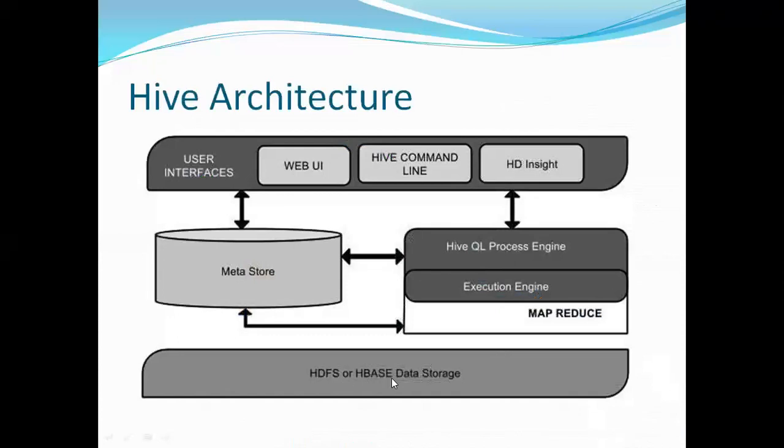That day we saw we stored the data in HBase, created the Hive table and accessed it. That is also possible. To access it, we need something called HCatalog. We didn't see that yet, but we can keep it in mind. Once we go into HBase, we will get it.